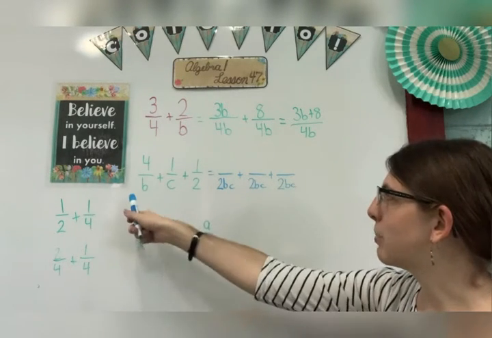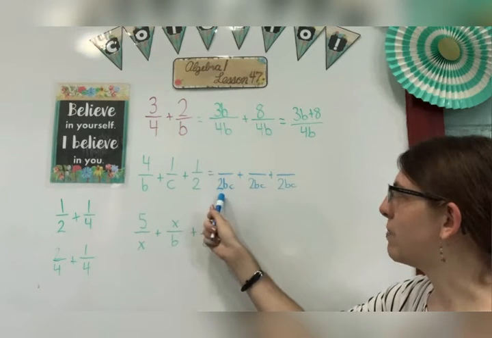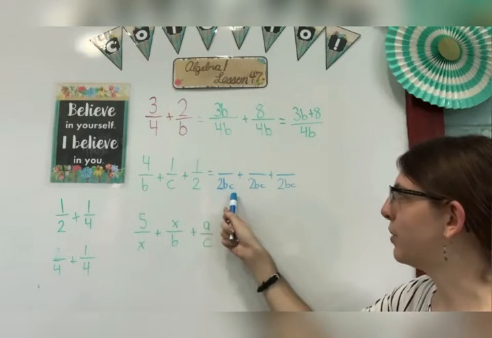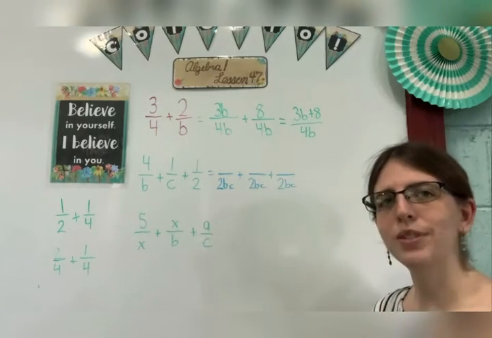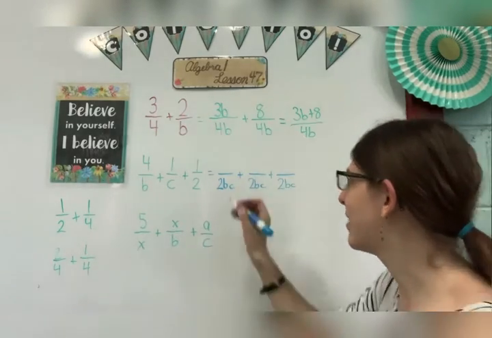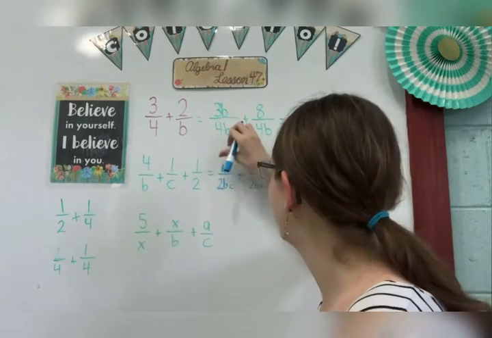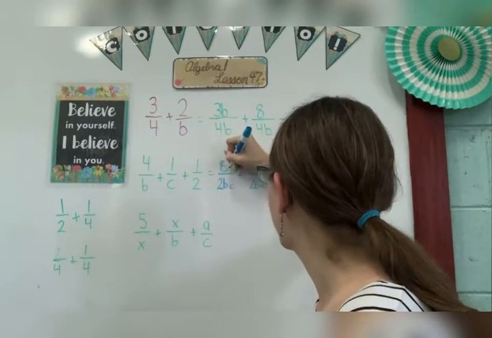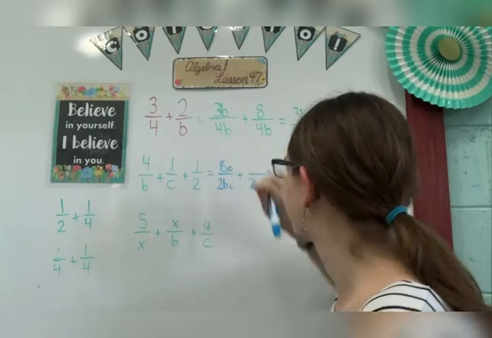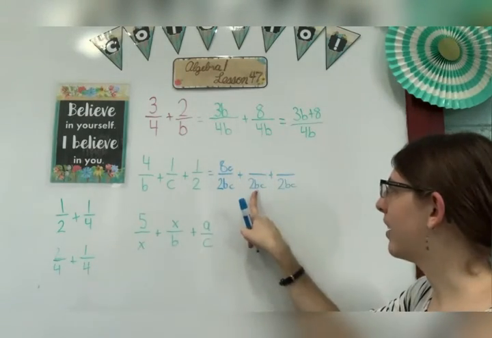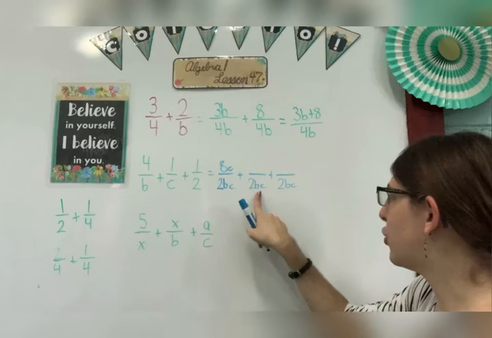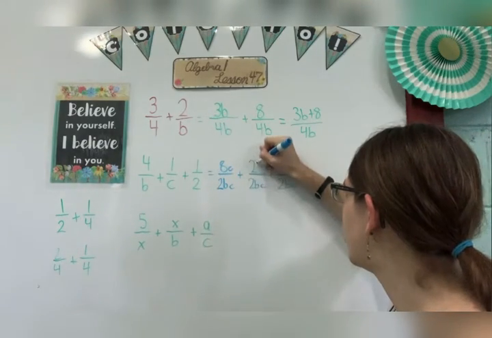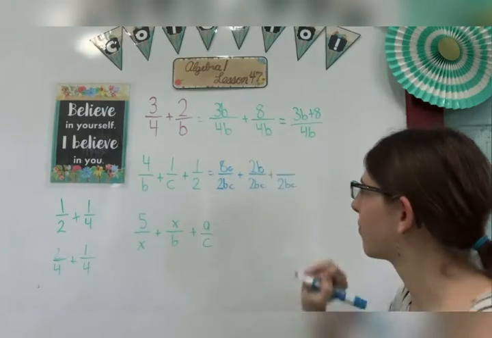So what did I multiply this one by to get to 2BC? Well, I already had the B, so I only multiplied it by 2C. So 4 times 2C, 4 times 2 is 8, so it is 8C. This one, I multiplied my C by 2B to get 2BC, so 1 times 2B is 2B.